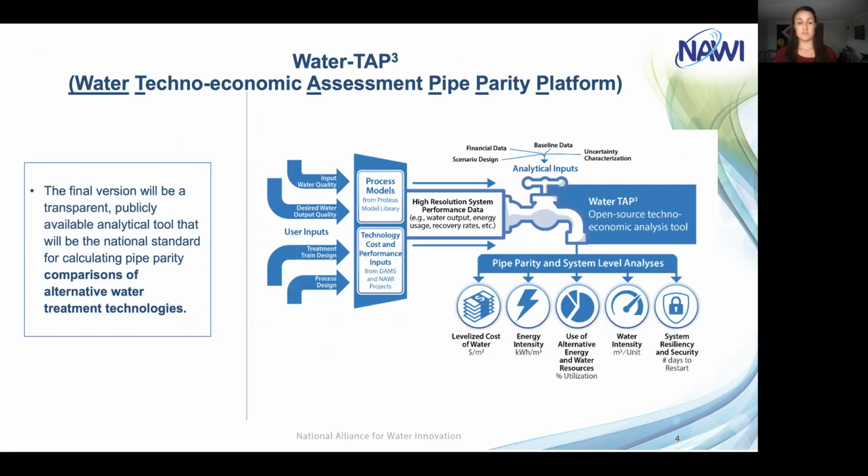So WaterTAP3 will level the playing field for comparative technology analysis and for quantifying and tracking research and development impact on cost and sustainability and other relevant pipe parity metrics. And eventually it will be the industry standard tool for undertaking water treatment assessments.